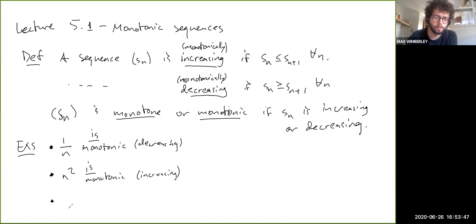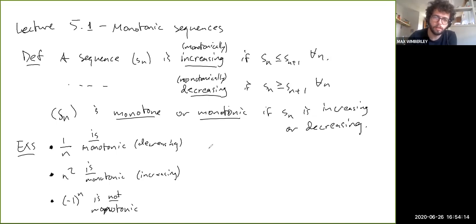Then let's see, something like -1 to the n is not monotonic, right? Because sometimes it increases when it goes from -1 to 1, and then when it goes from 1 to -1, it decreases. So it's doing both.